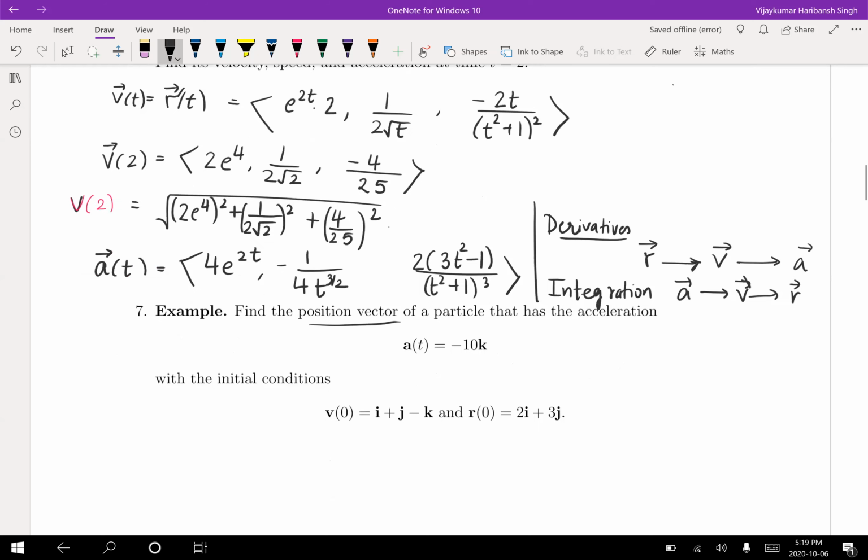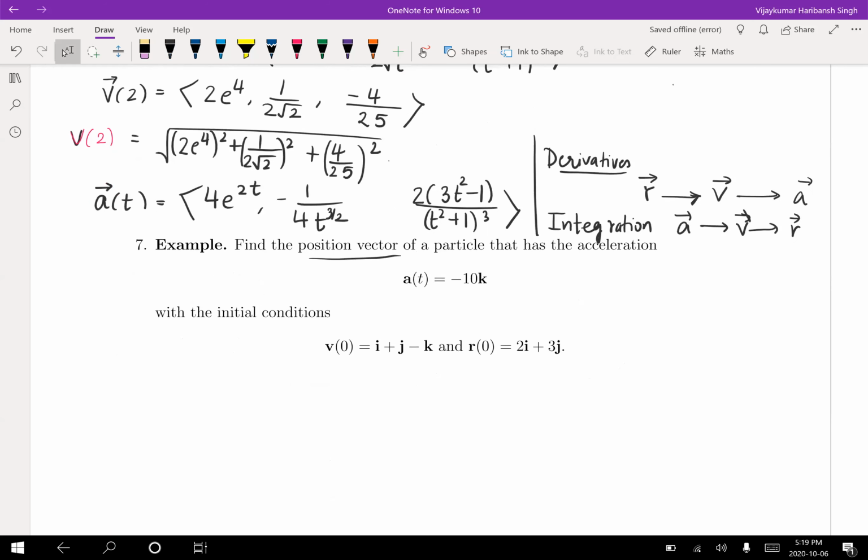So here we have a of t equal to this, so let's integrate a of t. This can also be written as 0, 0, minus 10.